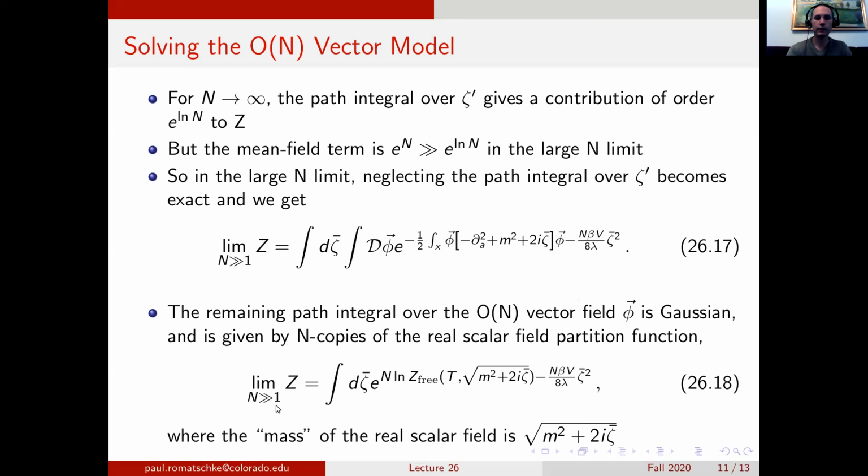In the large n limit, the partition function is given as the integral over the mean field, e to the n, because we have n copies of this operator, the logarithm of the free partition function for a real scalar field, with an unusual mass term that is the square root of the usual mass in the Lagrangian plus essentially this mean field term in here.